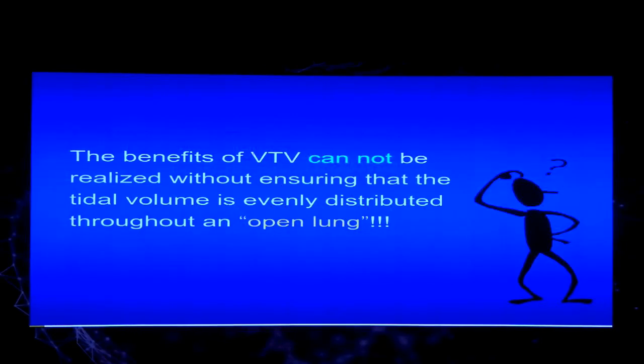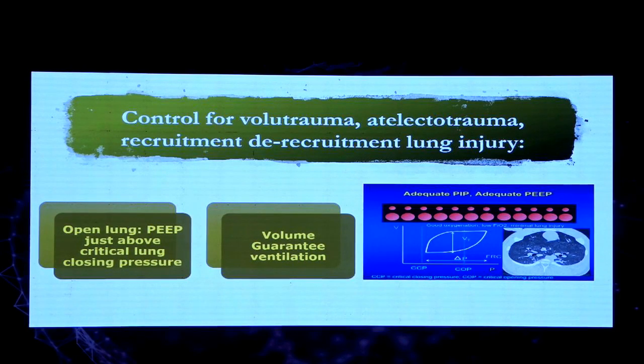The benefits of volume target ventilation cannot be realized without ensuring that the tidal volume is evenly distributed throughout an open lung. So two things. One, use volume guarantee ventilation to prevent volumetrauma, but use an open lung with PEEP just above critical lung closing pressure to prevent atelectotrauma and recruitment-derecruitment injury.